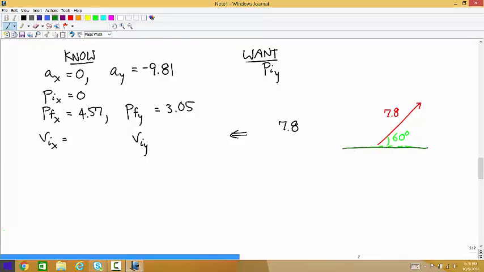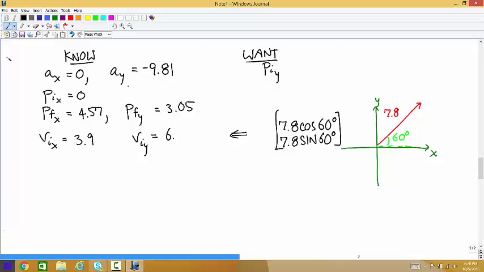Our coordinate system is this. So to get from the positive x-axis to the vector, it's positive 60 degrees. So 7.8 times cosine of 60, 7.8 times sine of 60. The x component is 3.9. What's the y component? 6.75.